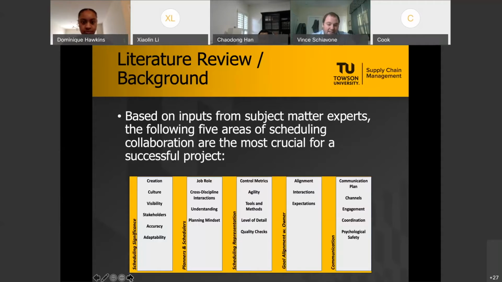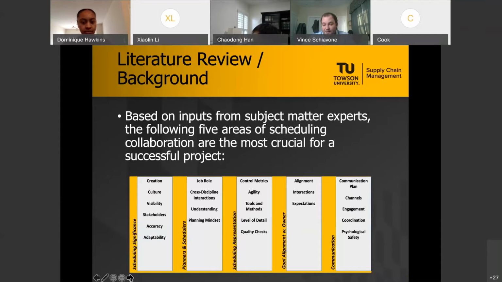Using this definition for this project, RT362, we got back in a room with these subject matter experts. We used the definition of collaborative scheduling as our base, and we asked 6 questions to this group of people to get a good, strong dialogue. It lasted over the course of 2 days. What we came up with for this model is our pillars of collaborative scheduling and swim lanes within each pillar.